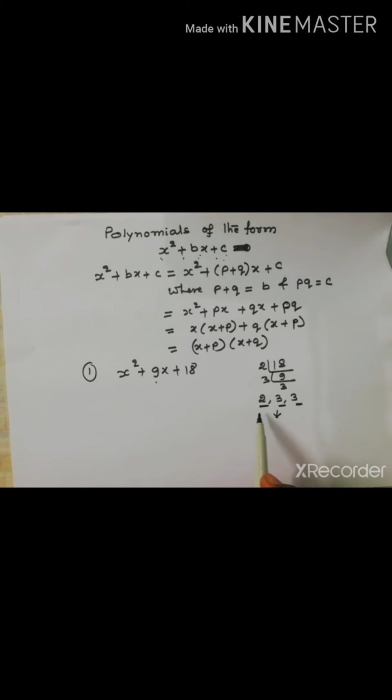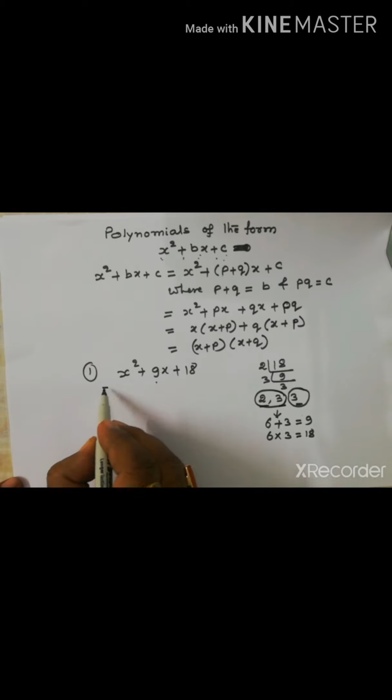So in what way we will solve this thing? Three into 2 is 6 and 3. 6 plus 3 is equal to 9 and 6 into 3 is equal to 18. So 6 and 3 is applicable here.